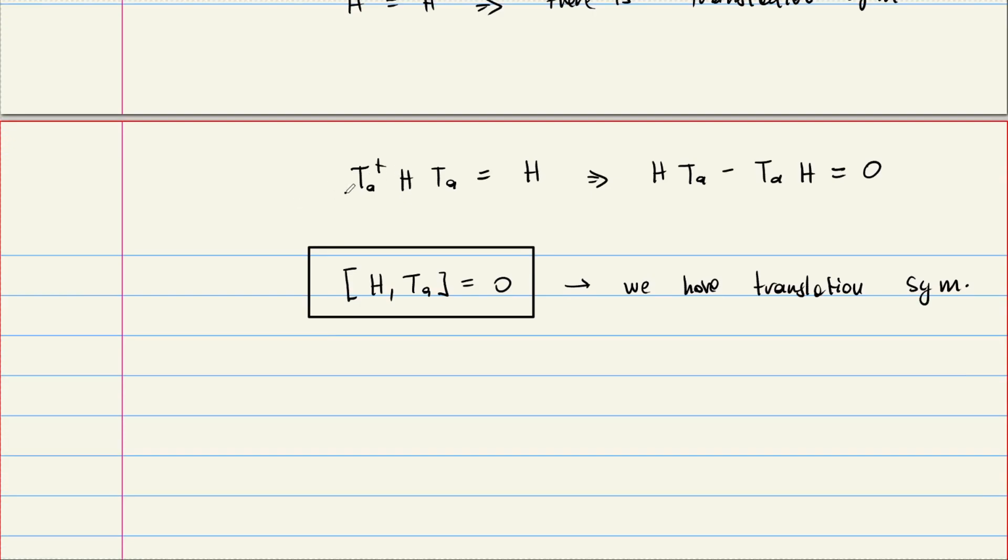And for example, we can consider our usual Hamiltonian, right? The most generic Hamiltonian is H is equal to P squared over 2m plus V of X. And if we transform with some translation operator, right? P doesn't transform, but wherever you see X, you put X plus a. H prime is defined by T_a dagger H T_a, and it's equal to P squared over 2m plus V of X plus a.